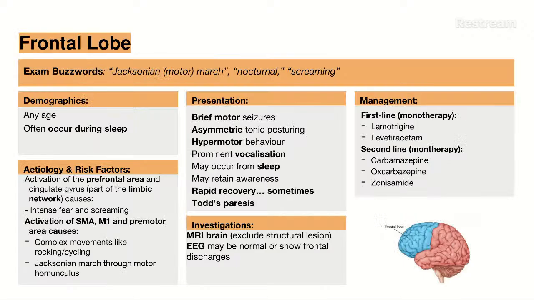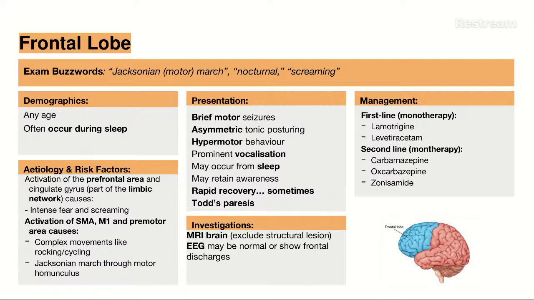So we'll go by lobe. Frontal lobe seizures, to start off with. These often present with prominent motor features, as the frontal lobe contains the motor cortical areas. These seizures are typically brief and may involve asymmetric tonic posturing, complex motor behaviors like cycling or rocking, or moving about in an odd, semi-purposeful fashion.